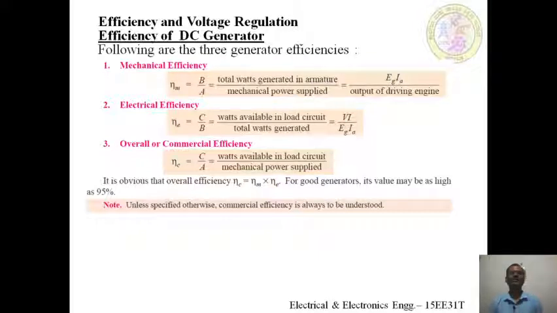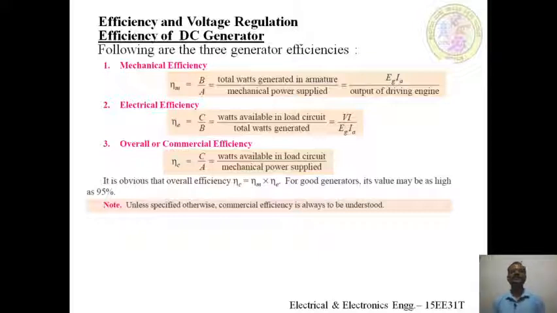Stage A is mechanical power, B is electrical power developed at the armature, and C is output power available at the output terminal of the generator.